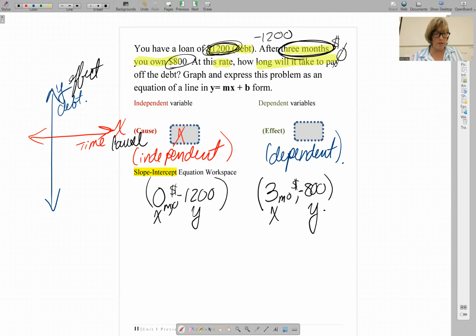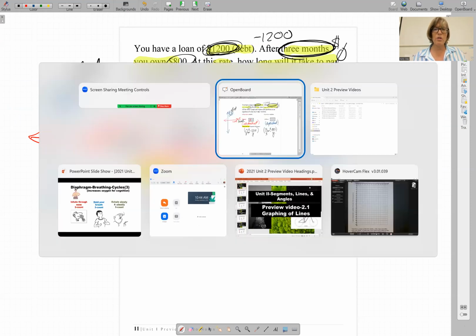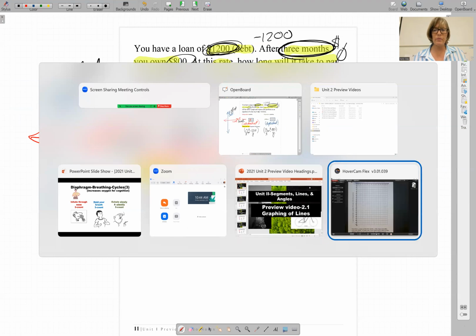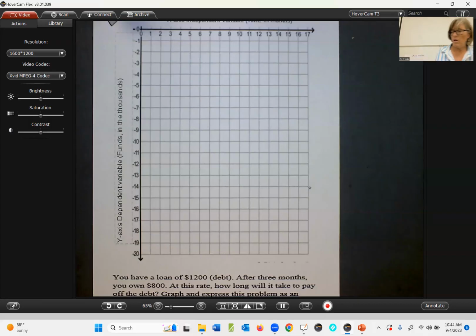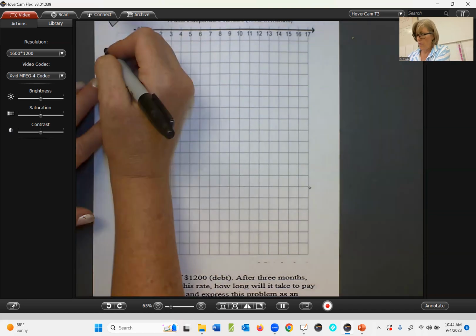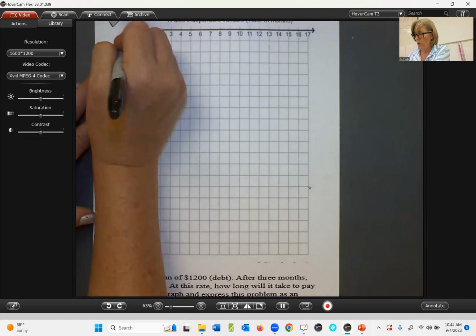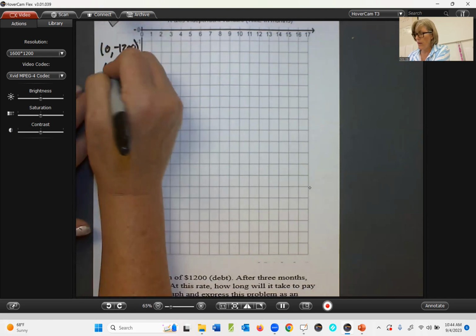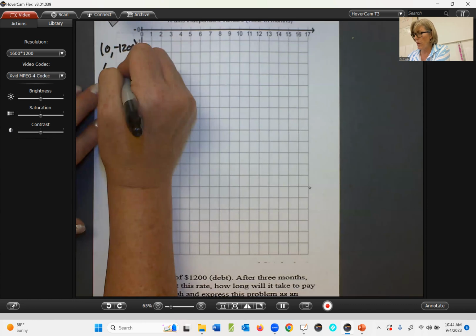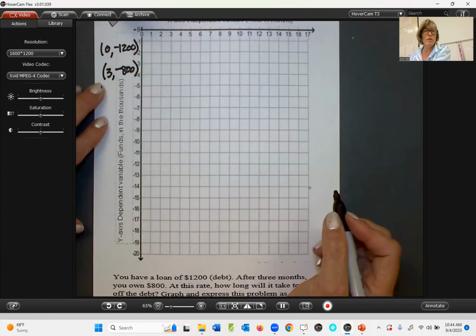Now we're going to graph this, and we're going to get a Y equals MX plus B. Coming to the graph point, our 2 points are, we have 0 and negative 1,200. And after 3 months, we have still $800 of debt.